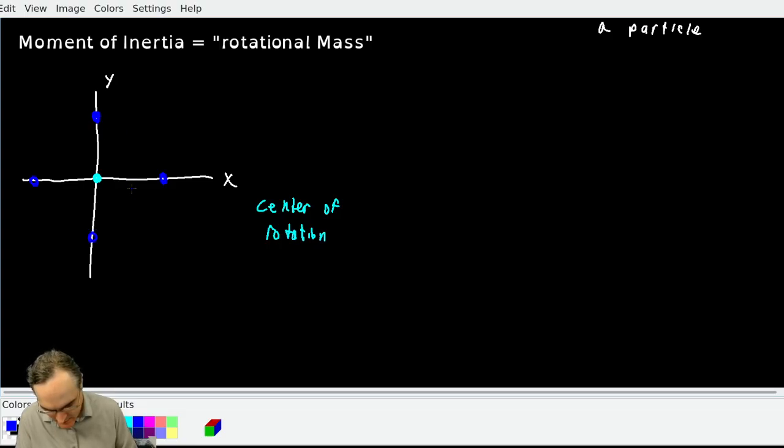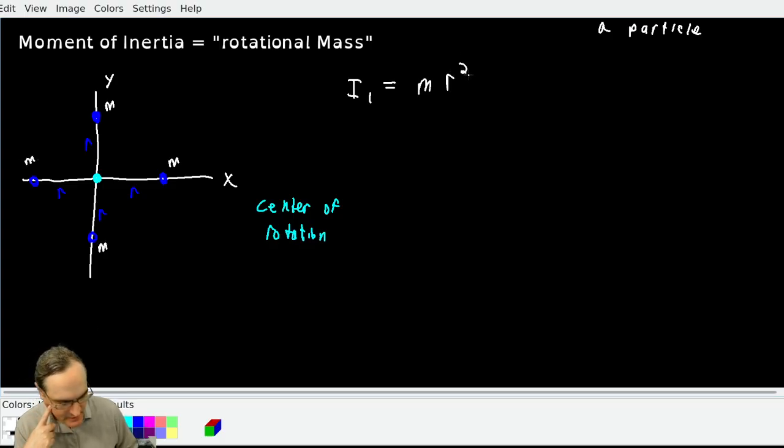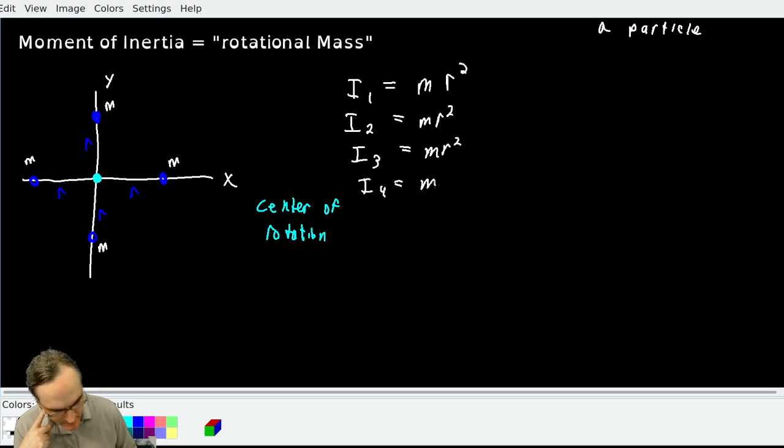We'll say that each one of these is a distance r away from that center point. So for each one of those, we could calculate the moment of inertia individually. It would just look like the mass of that particle times our distance from the center of rotation squared. And each one, in this case at least, is the same. So the total resistance for a shape like this being rotated would be the simple sum.